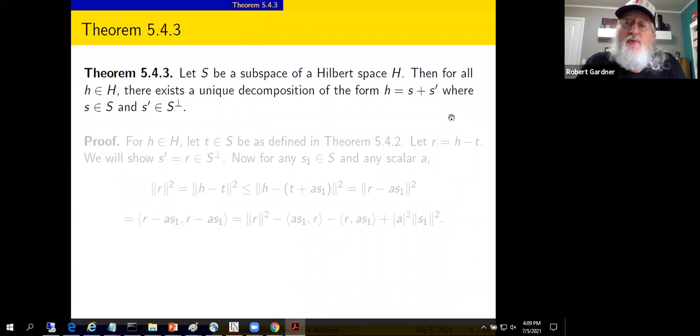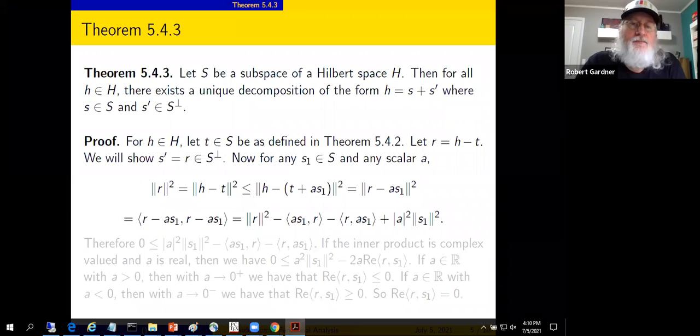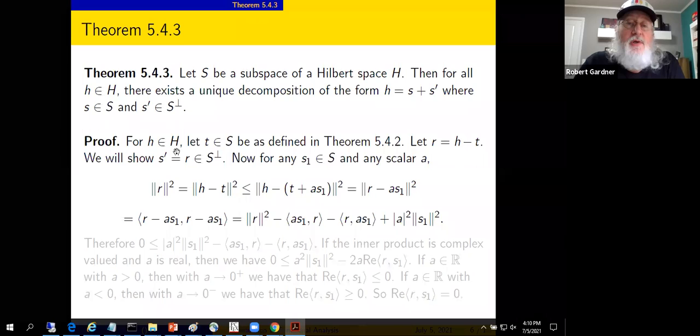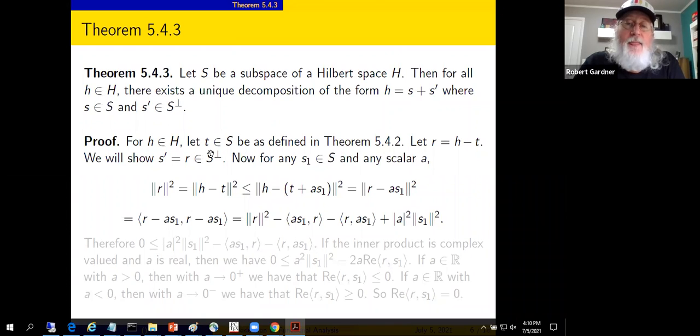And let's go through the proof. The proof will use this nearest vector thing that we had from Theorem 5.4.2. So for H, a vector in the Hilbert space, let T be in set S as defined and guaranteed to exist and to be unique by Theorem 5.4.2.